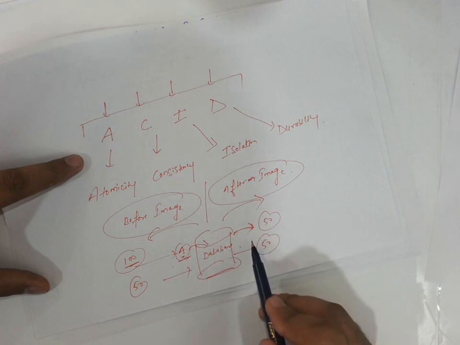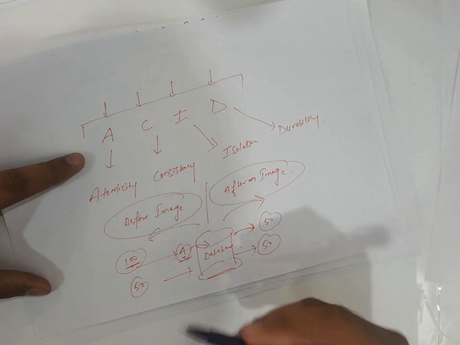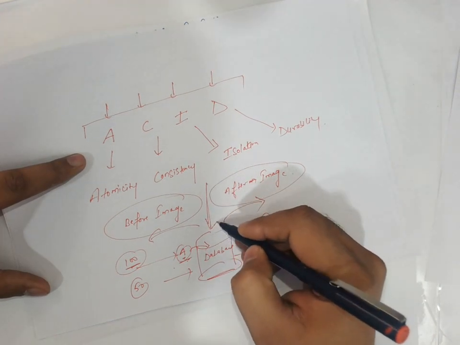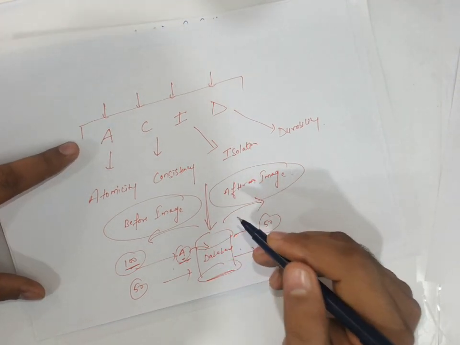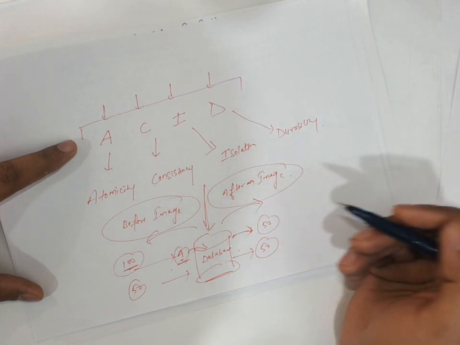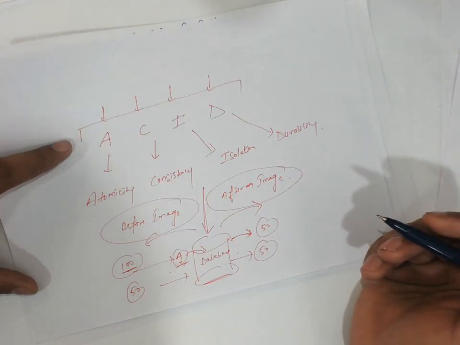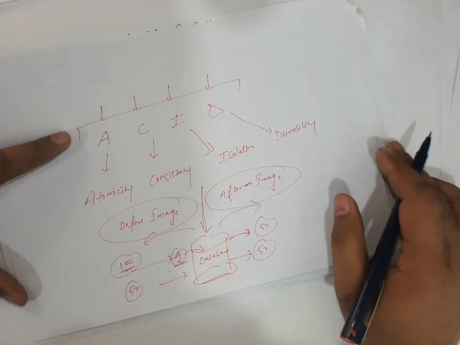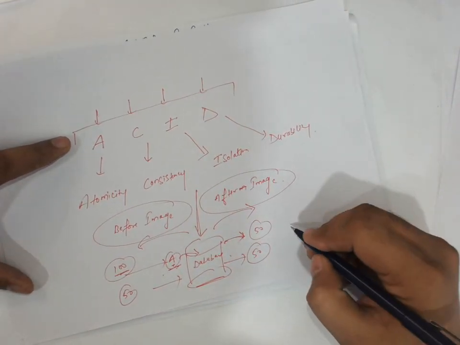Whenever we perform any modification on any data, it should be consistent whether we are using serial or concurrent executions. This is a very important concept. We must understand this. Thank you so much.